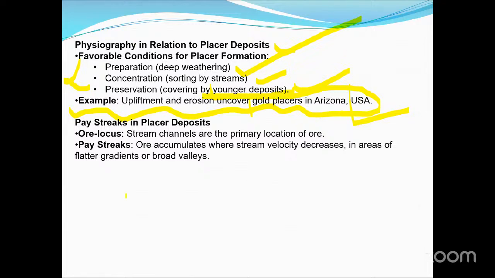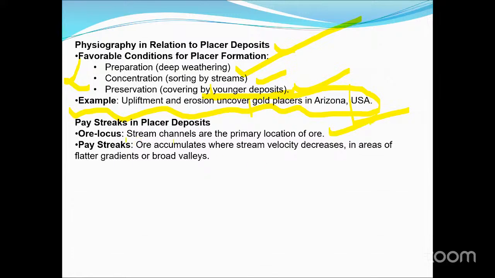Next we'll discuss pay streaks in placer deposits. Here, in pay streaks, ore locus will be there. Pay streaks, like ore locus, stream channels are the primary locations of ore.